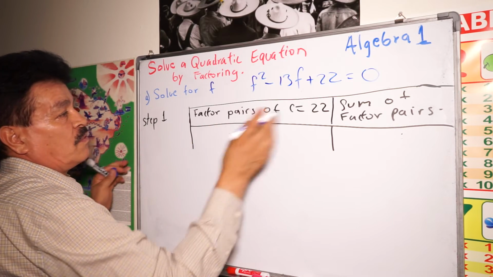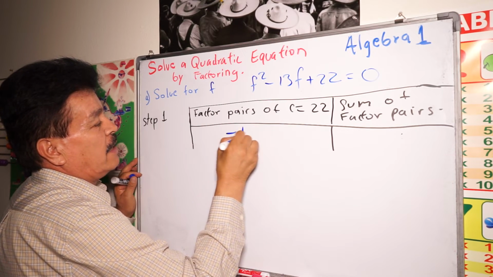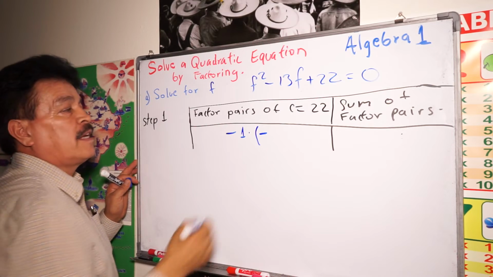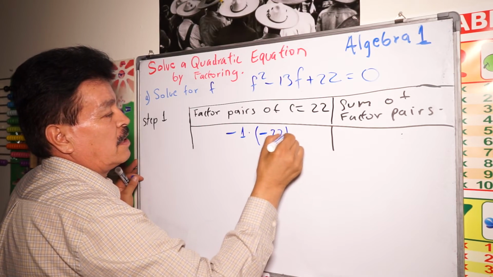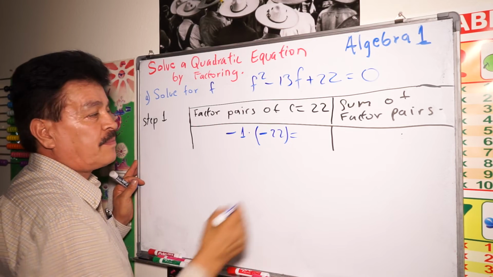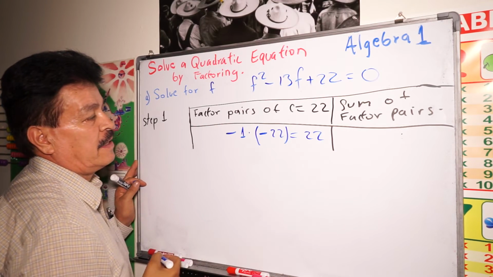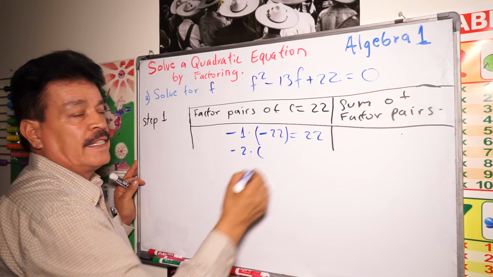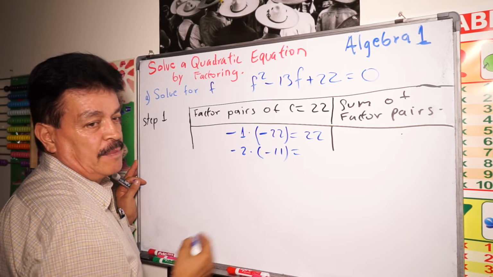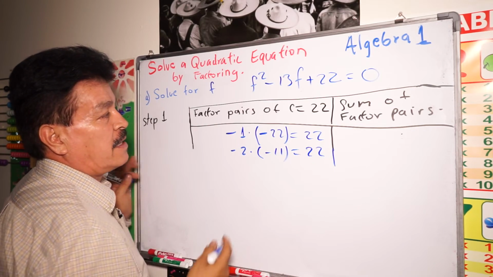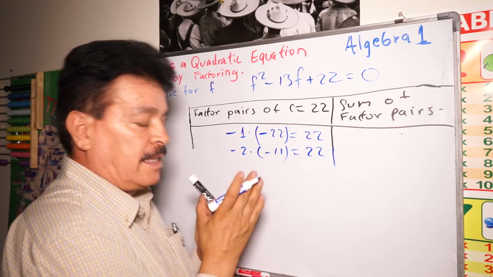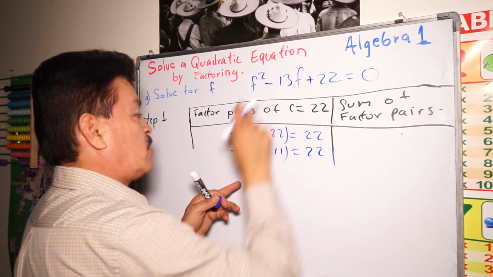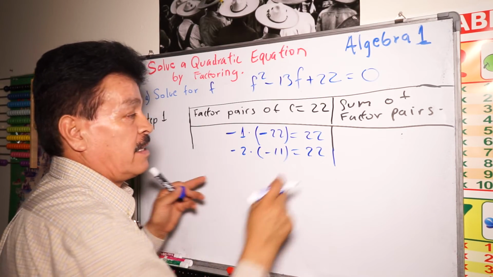Let's find the factors. For example, negative 1 times negative 22 is equal to 22. Also, negative 2 times negative 11, same thing, it's 22. But remember, when you multiply the factors, at the same time when you add them, the sum must equal, in this case, negative 13.